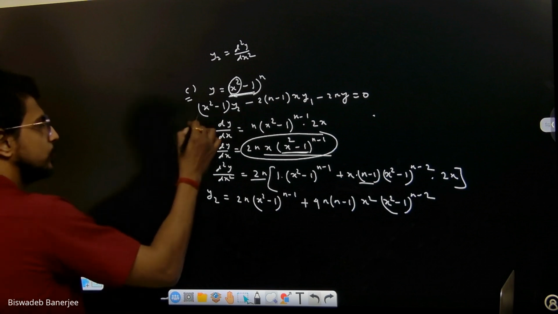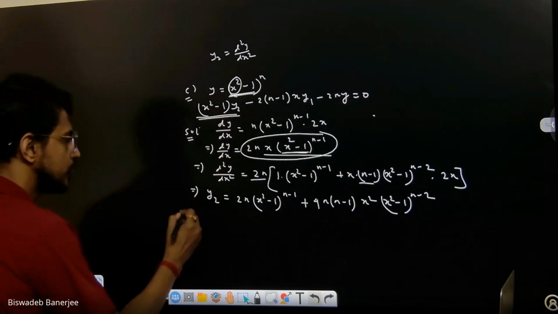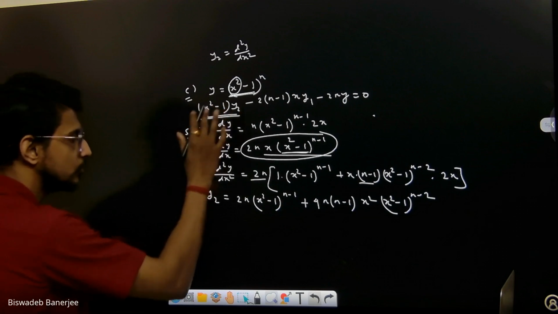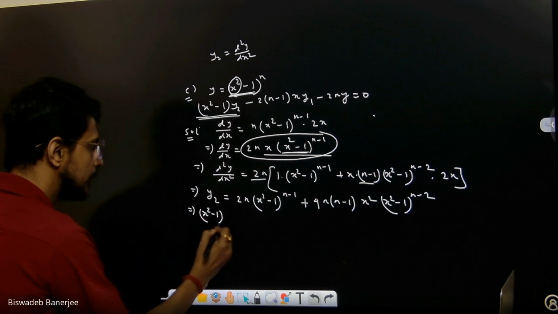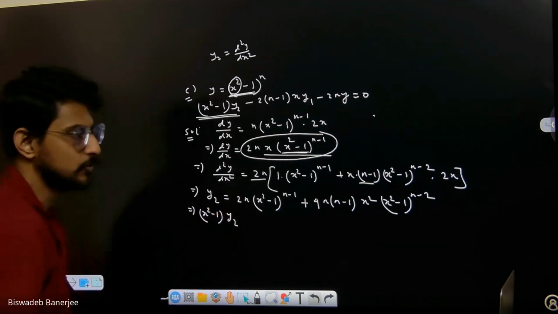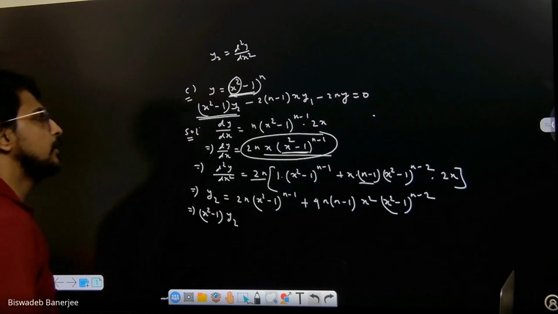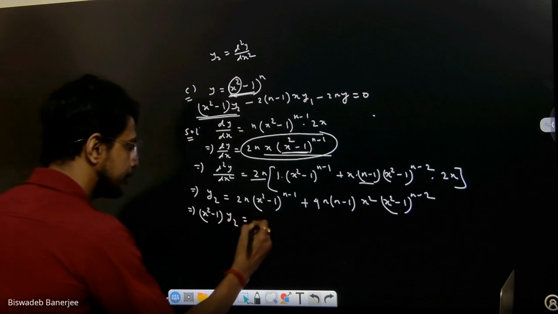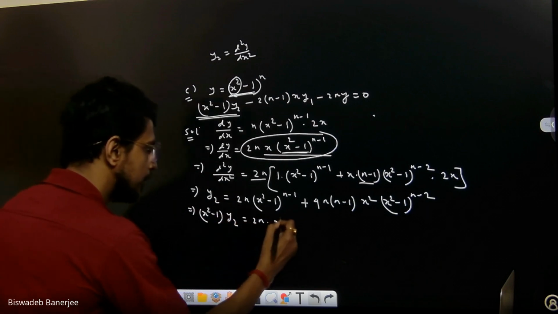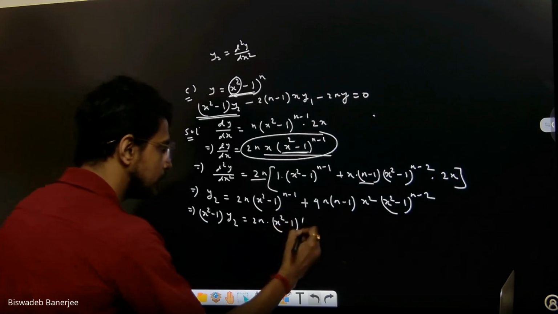But we are required to find x square minus 1 into y2. That is why we are multiplying both sides with x square minus 1. Nothing else, just multiplying both sides with x square minus 1.